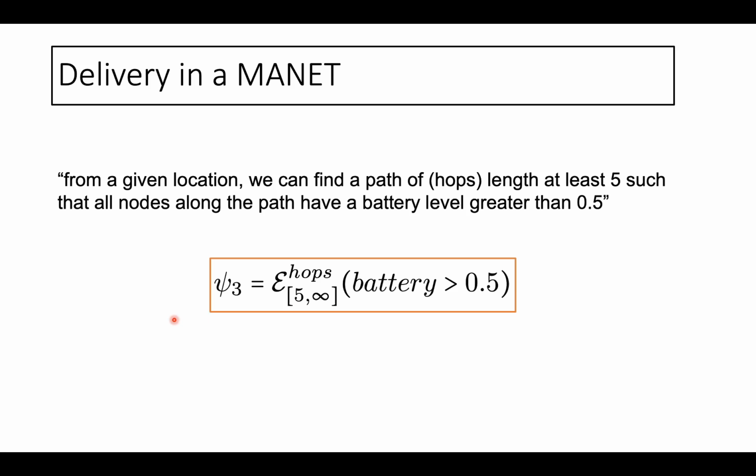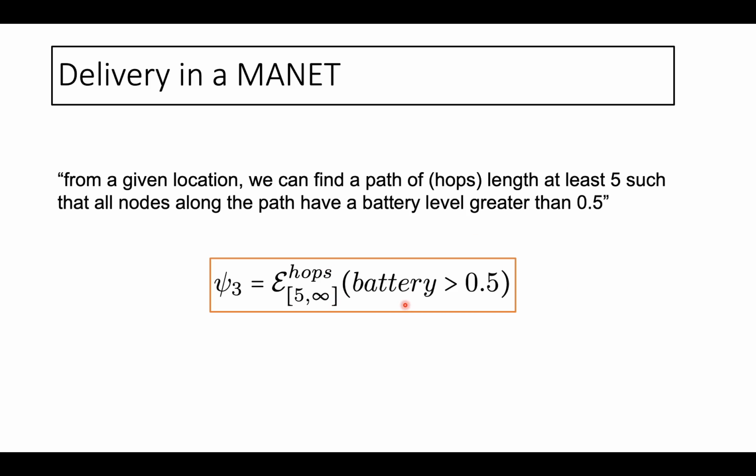Another property that one could be interested in monitoring is the ability of the system to forward a message at a given distance. The ability of a component to forward a message is related, for example, to its battery level. And so one possibility is to consider this property. From a given location, we can find a path of hops length at least 5, such that all nodes along the path have a battery level greater than 0.5.